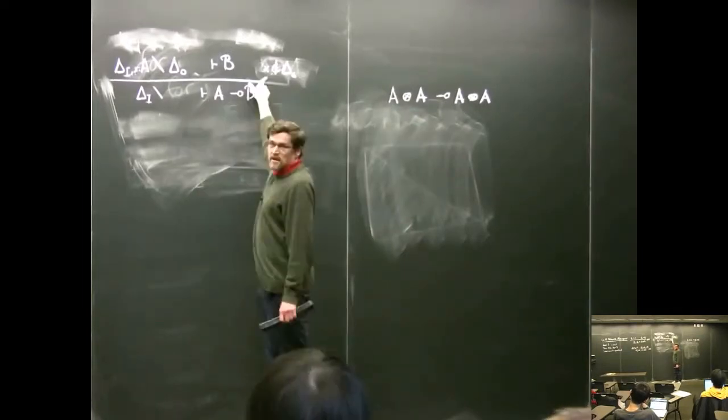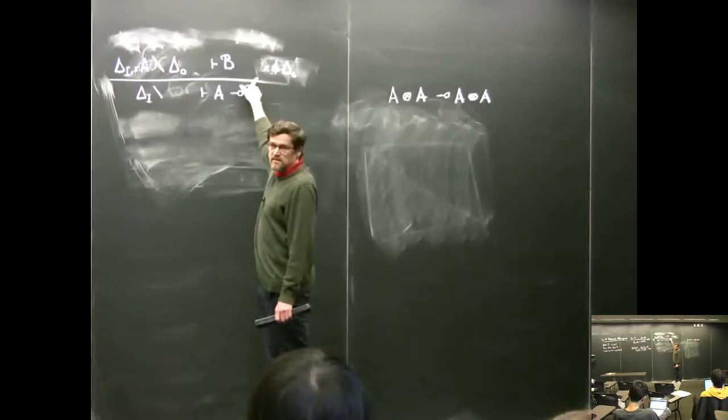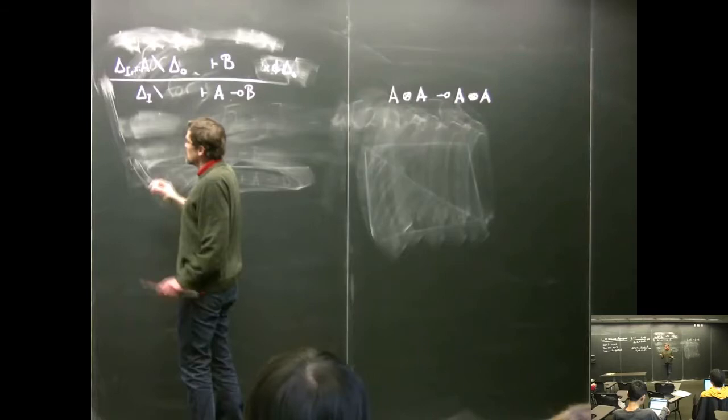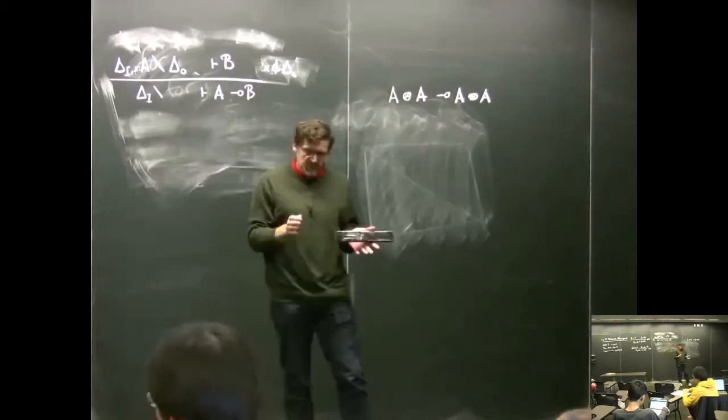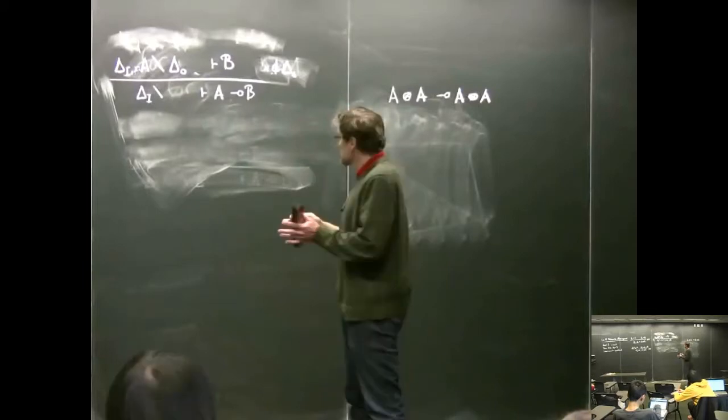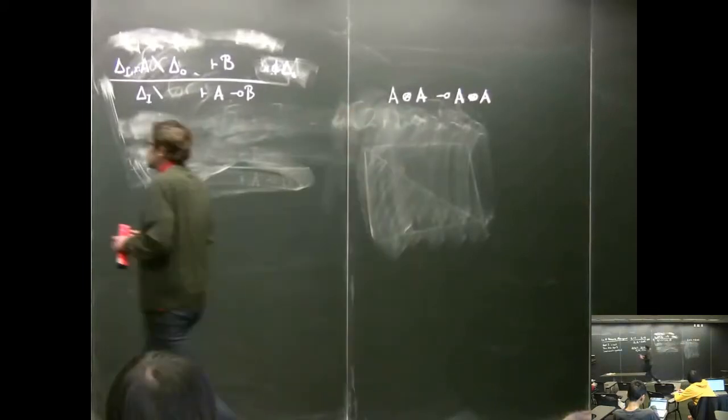So instead of doing it this way, another way to do it is we have two sets of assumptions. One set of assumptions are the things that we must use, and the second one is the ones that we may use. Let's put it over here.